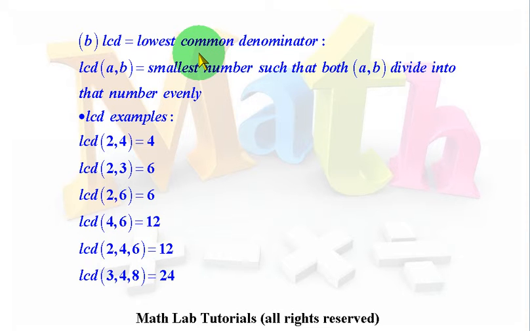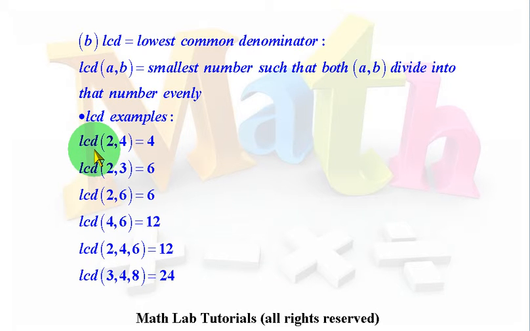The LCD of two numbers A and B, the LCD of A comma B, is the smallest number such that both A and B divide into that number evenly. In other words, it's the smallest number that is divisible by A and divisible by B simultaneously.